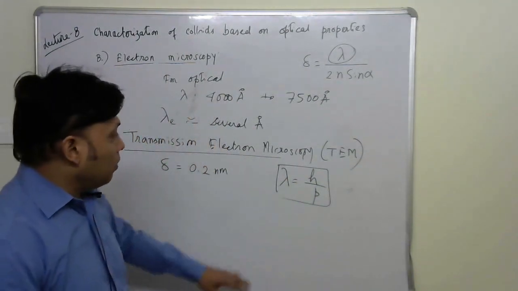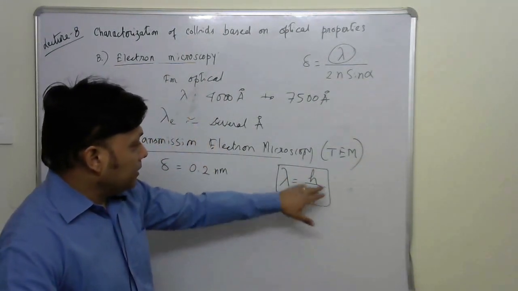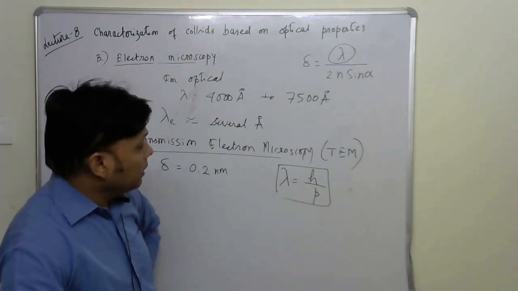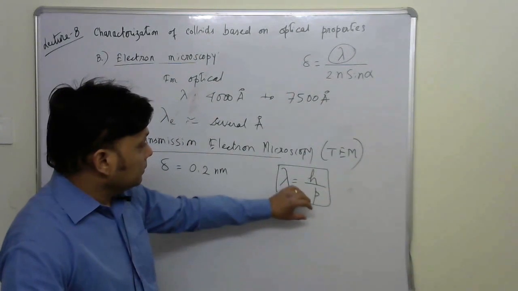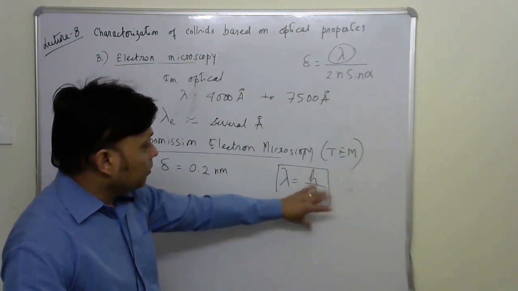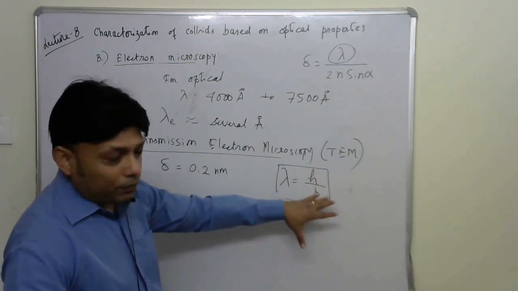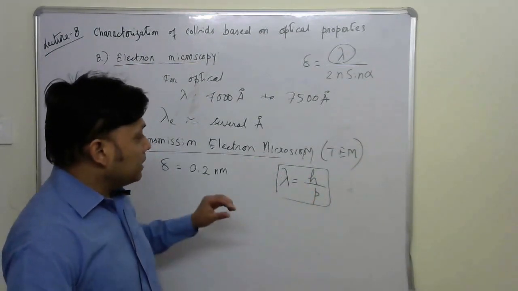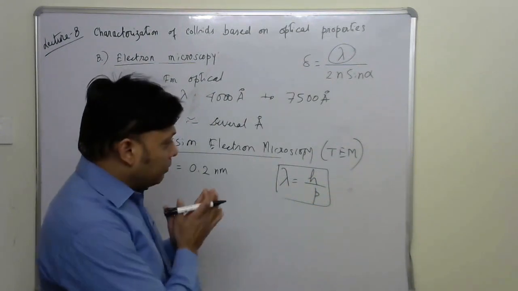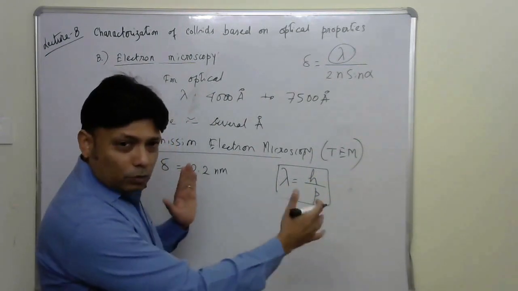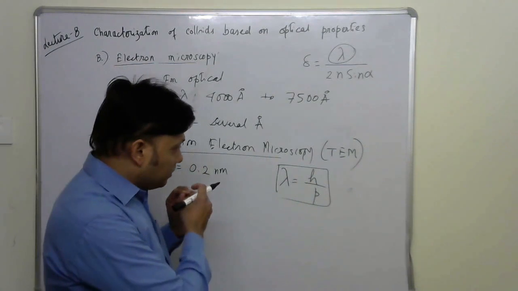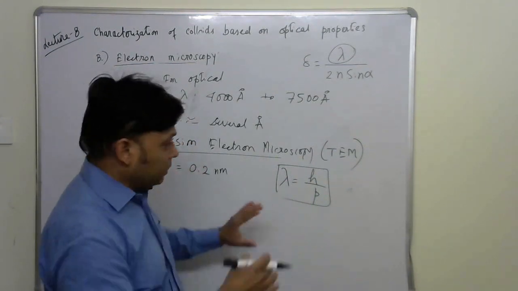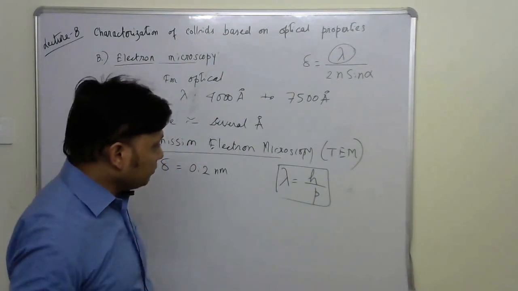Here P is at the denominator. The larger the momentum of the electron, the smaller is the wavelength. So if we have electrons accelerating across two high voltages, the higher the voltage, the higher the speed of the electrons, the higher the momentum and the lower the wavelength, lambda.